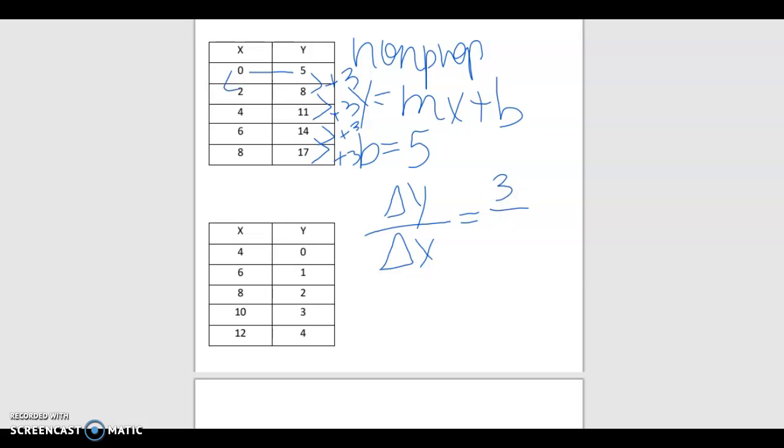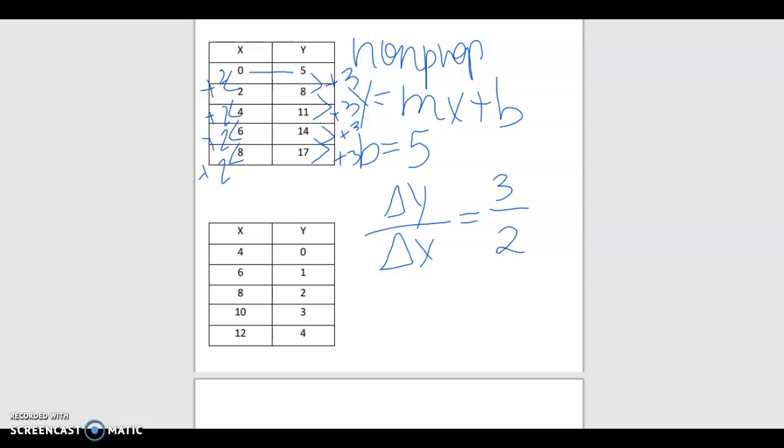My change in x was plus 2, plus 2, plus 2, plus 2. You will notice that you have a constant on the left all the way on the x's, plus 2, plus 2, plus 2, plus 2. For y, I have a constant plus 3, plus 3, plus 3, plus 3.